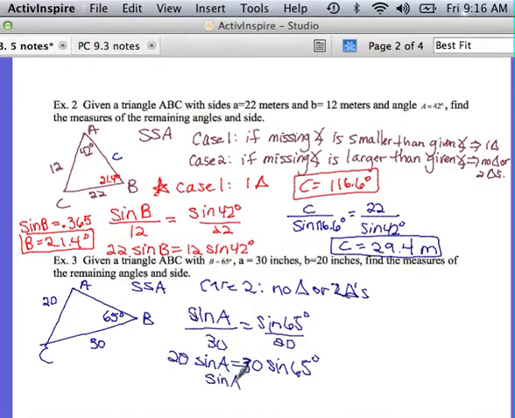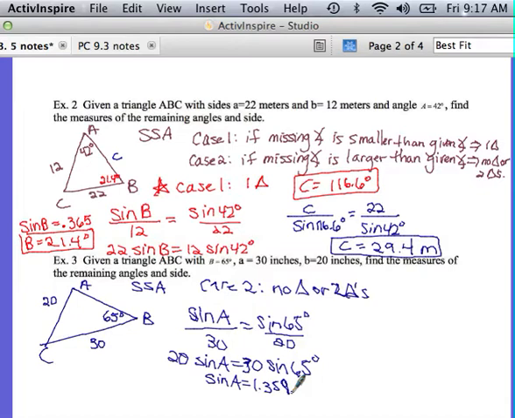And I have the sine of A is 1.359. Right here, if I have my thinking cap on, I should notice that the sine of A oscillates between -1 and +1. So there's no way I can get the sine of an angle to spit out 1.359.